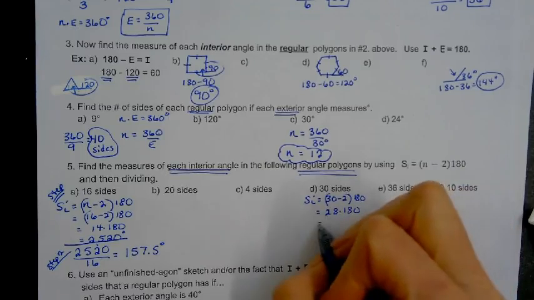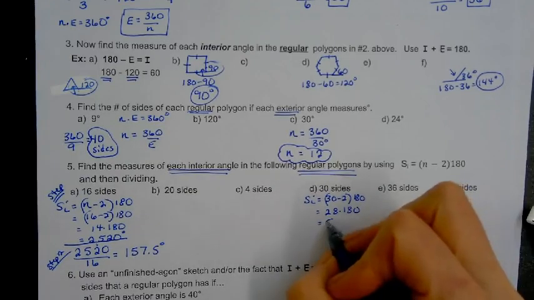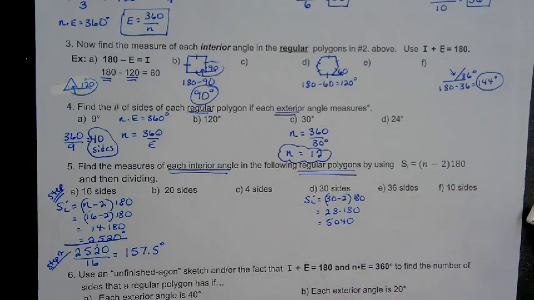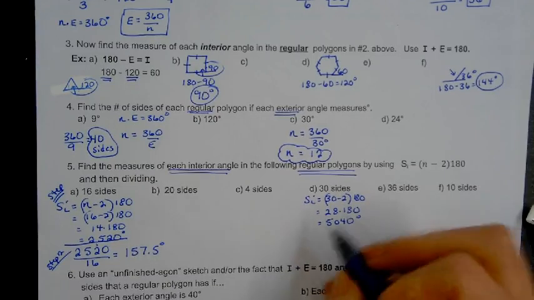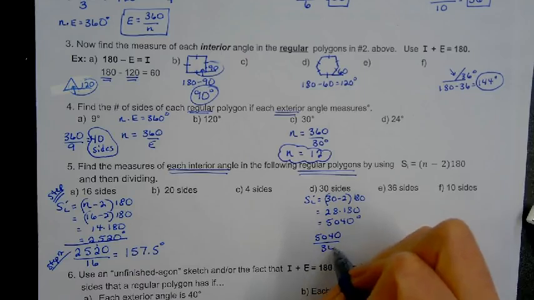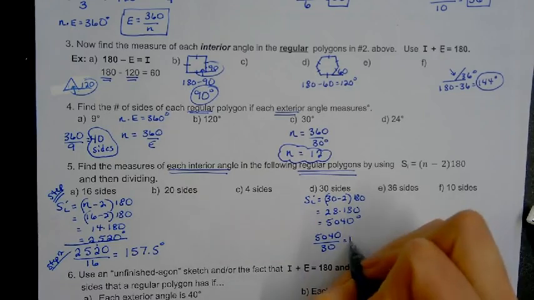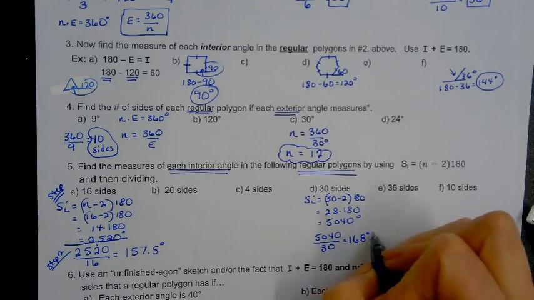Let me get my calculator. 28 times 180 is 5040, so 5,040. All right, that's the sum of all the angles inside. But since it's a regular polygon, each angle is going to be the same measure. So I'm going to take 5040 and divide by 30, and that becomes 168. So each angle inside is 168.